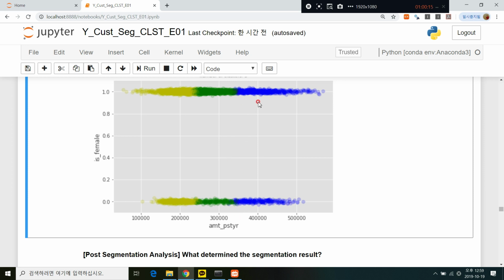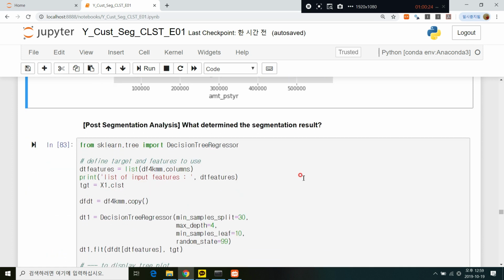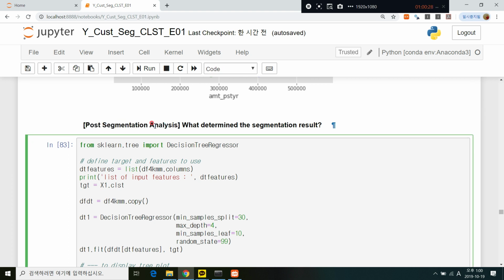We clearly see that there's a blue group, a green group and a yellow group. Thus, we have to do some further analysis, post-segmentation analysis. This is an additional section to understand the determinants of the segmentation result.